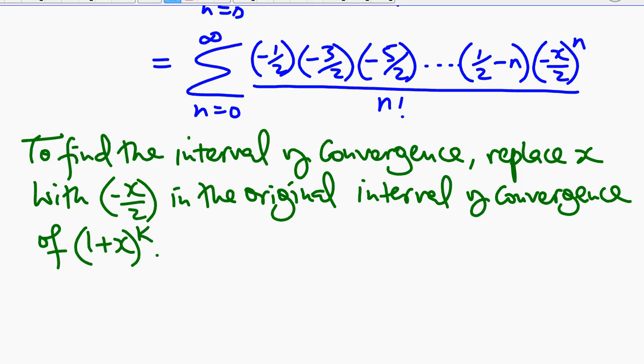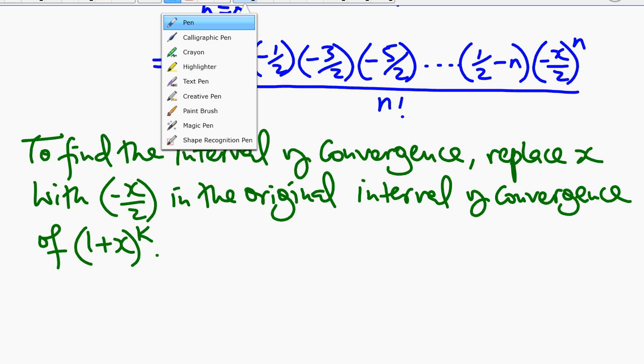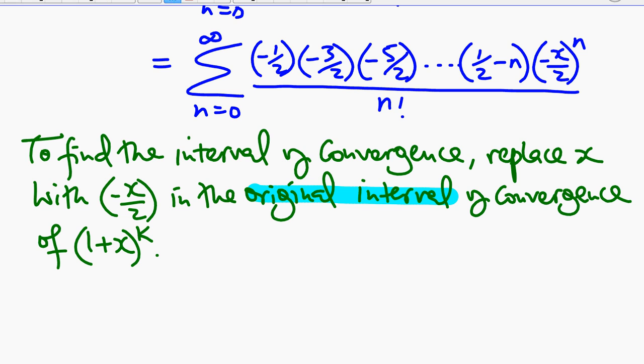So we know that the original interval of convergence of this was all values of x that are between negative 1 and 1.